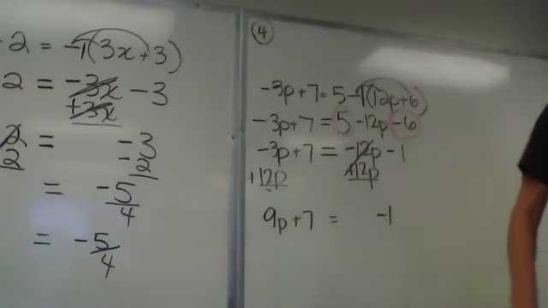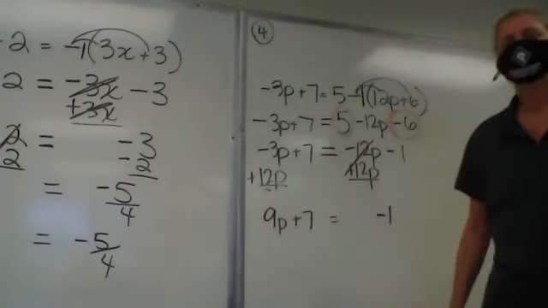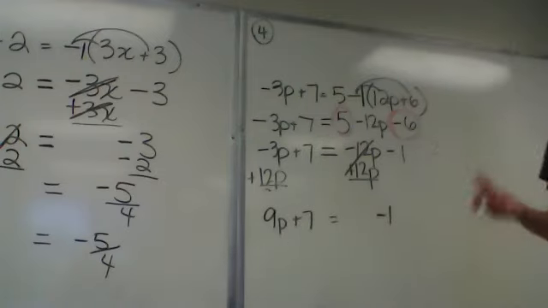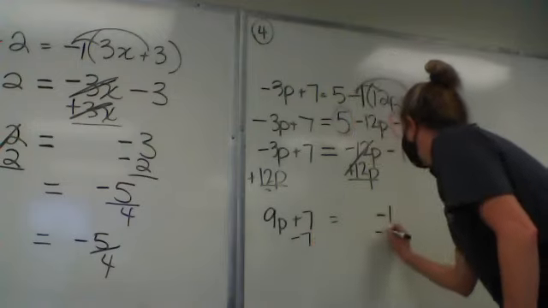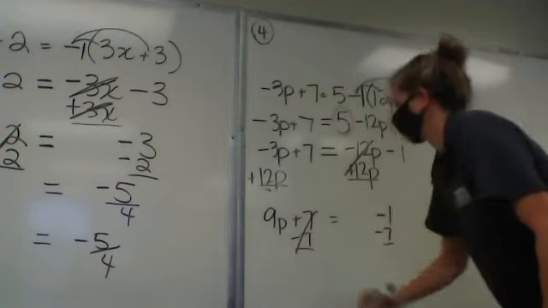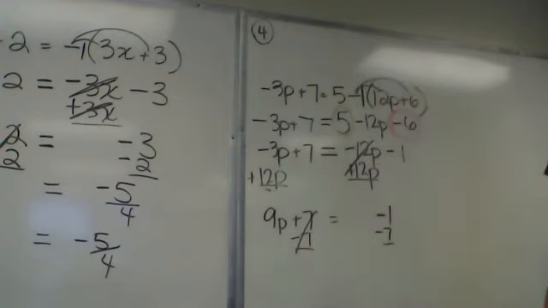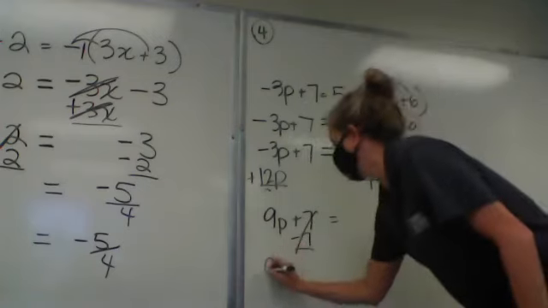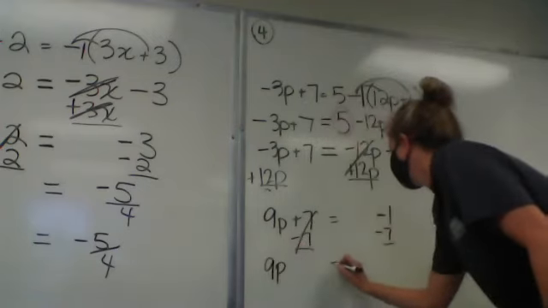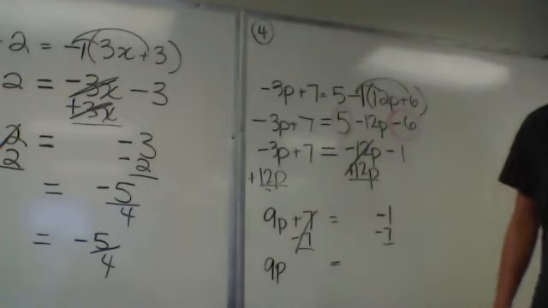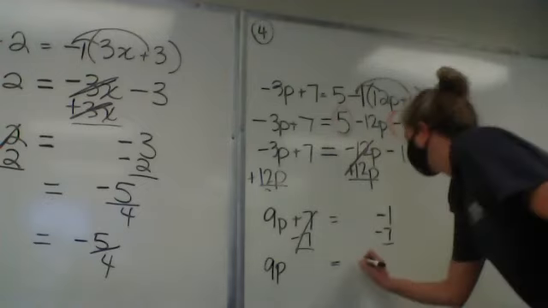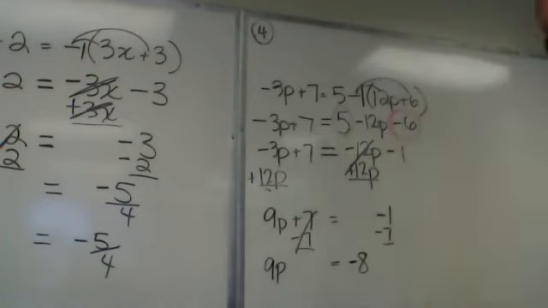Get the p alone. Who goes away first, the 9 or the 7? The 7, right? The hooked on number is always less. So get rid of plus 7 with minus 7. So now I have 9p equals, over here on the right, I've got negative 1 minus 7, punch it in, gives me negative 8.